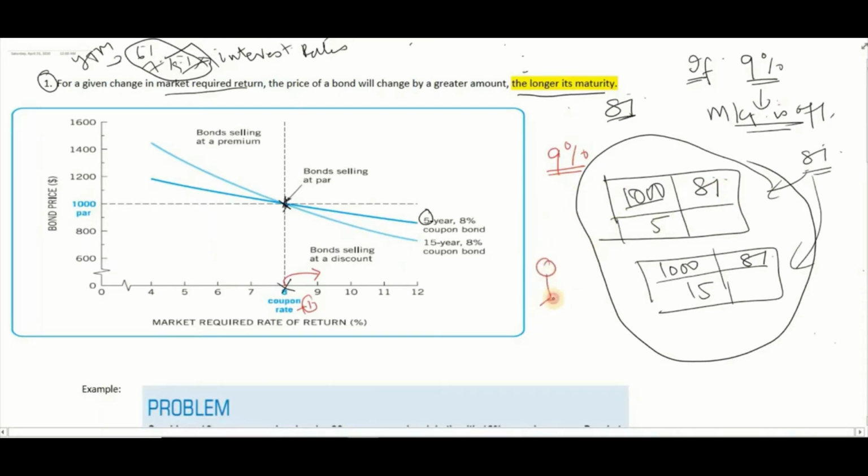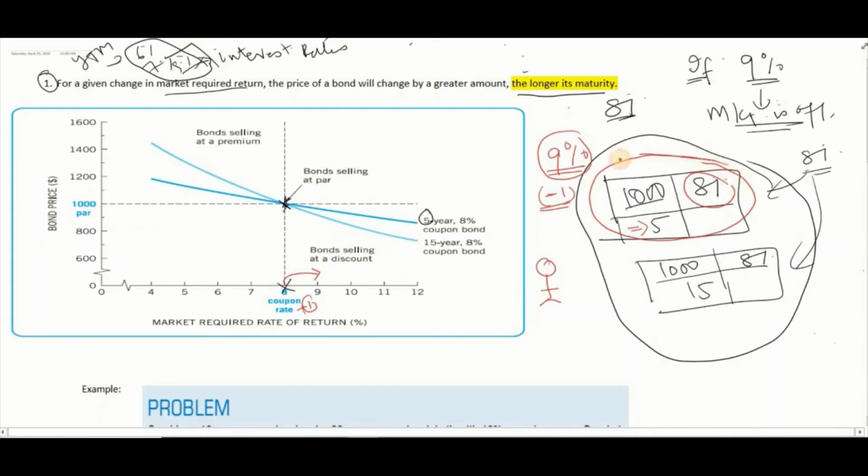If I hold this bond, I'm going to lose 1%. Lose 1% means opportunity cost is 9 and the coupon this bond is offering 8%. So what is the difference? Difference of 1. Okay, so it means I would discount this bond.